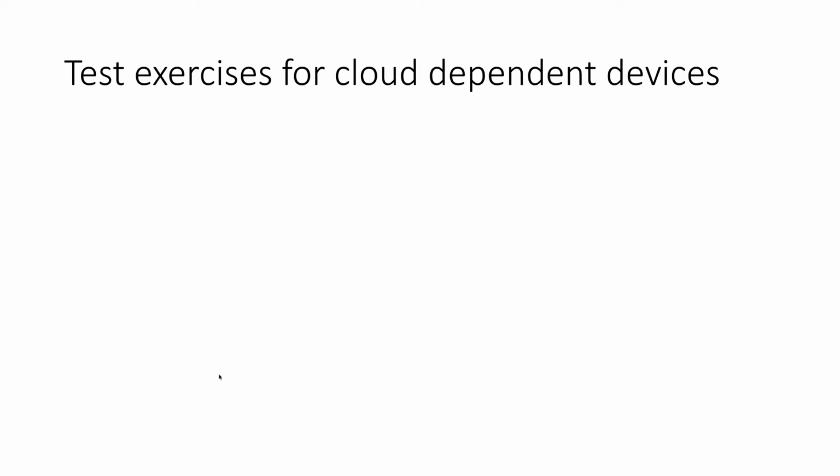So what are some of the test exercises that you want to focus on when you're testing these cloud dependent devices? Probably one of the most important things is security, and that includes making sure that whatever you've built, or your vendor has built into their solution, that's communicating with these outside resources, that communication is secure.